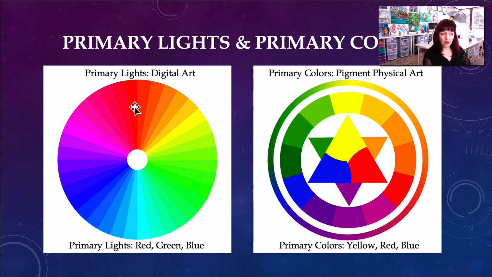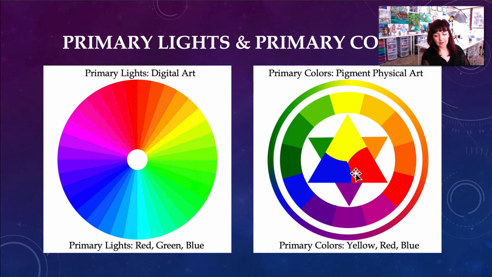If you're working on a computer or on a camera, your primary colors are actually your three primary lights, and those are red, right at the top, green, and blue. And when you combine them, you get a range of color in between, right?